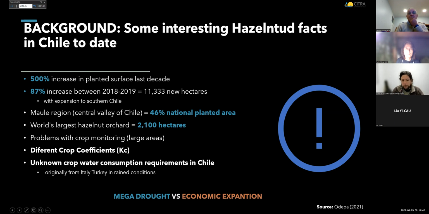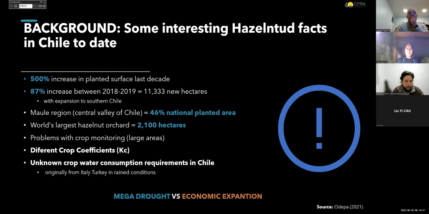The Maule region, where we are here at the University of Talca, has half of the national planted area of hazelnut, and also has the world's largest hazelnut orchard.